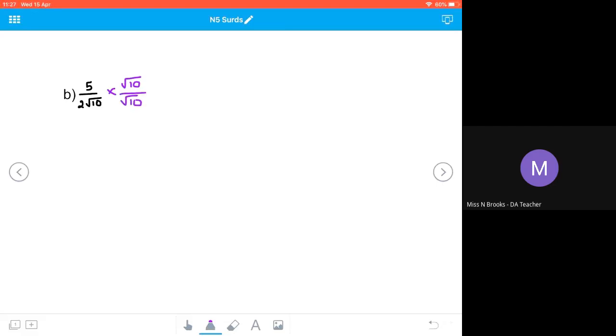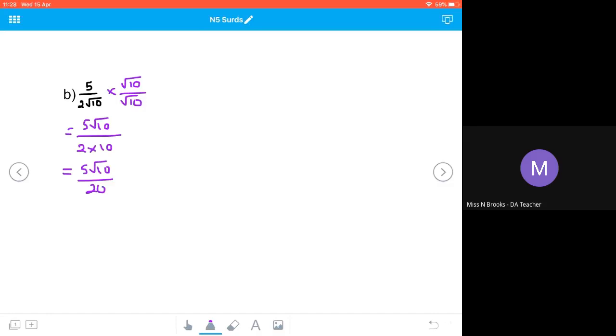If you multiply by 2 root 10, you'll have a lot more simplifying to do at the end. So we end up with 5 root 10 over 2 multiplied by 10, which gives us 5 root 10 over 20.